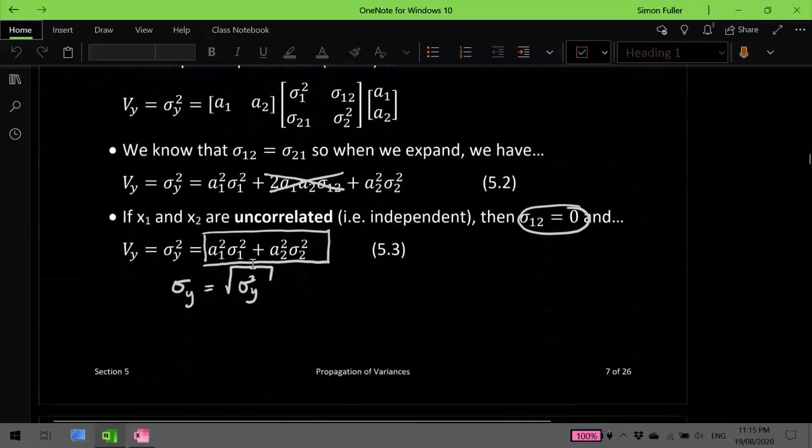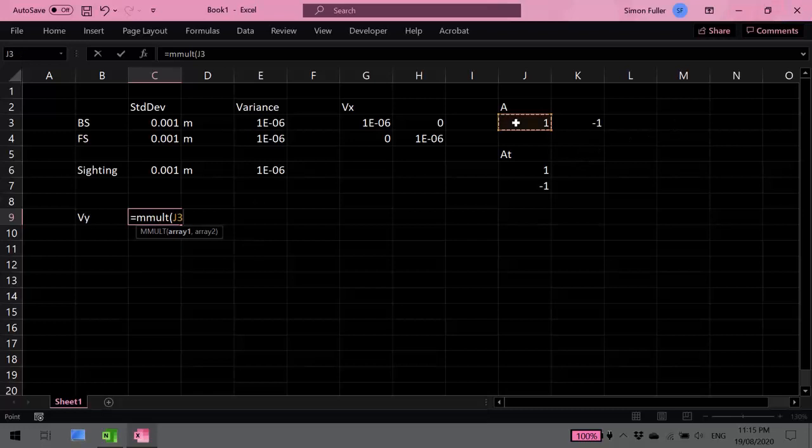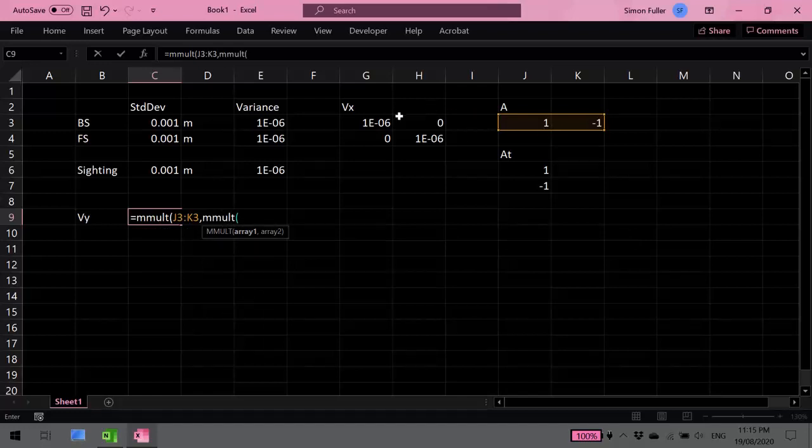And we'll check the shortcut method gives us the same answer as well. So we need to multiply our A matrix by the multiplication of Vx by A transpose.